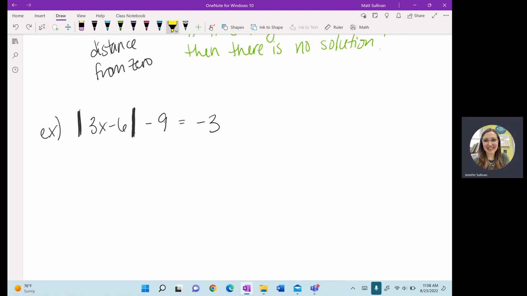But see, this one has this -9. So the way that I tell people to do it is that before I write two equations, step number 1, who likes steps in algebra, tell me exactly what to do. Step number 1 is to isolate the absolute value.